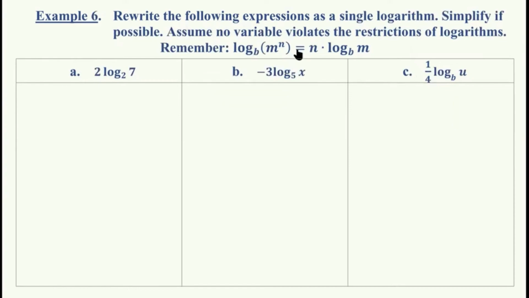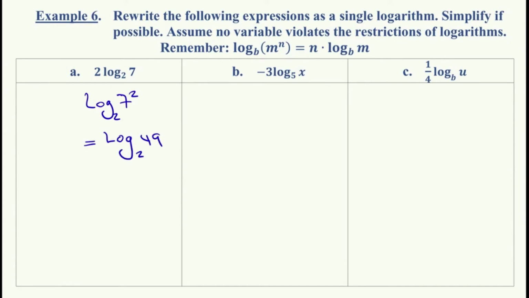All right, as is common to what we have been doing, now we're going to go from right to left. So we're given some products, we're going to write those as powers, log of powers. So this becomes log base 2 of 7 squared. So we just basically get log base 2 of 49.